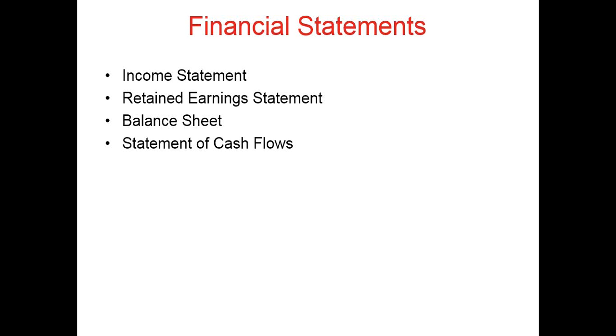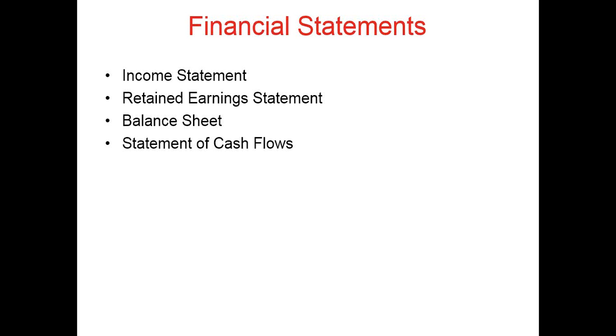Equity can be increased by profit, by selling additional stock. It can be decreased by dividends and by losses in the company. So the net profit from the income statement is carried to the retained earnings statement.